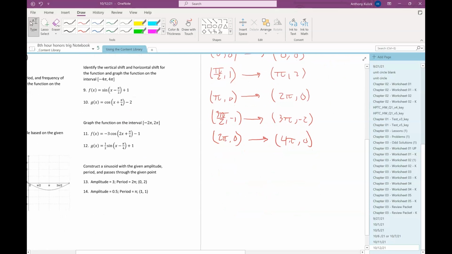So number 11, it says graph this guy on the interval from negative 2 pi to positive 2 pi. Okie dokie. So I'm going to start the same way.